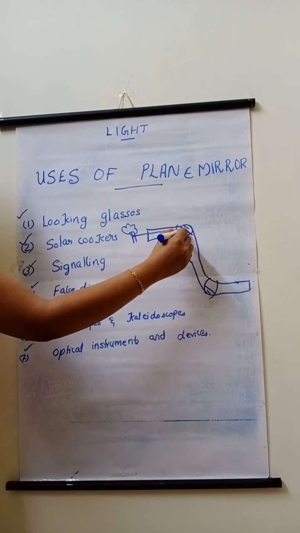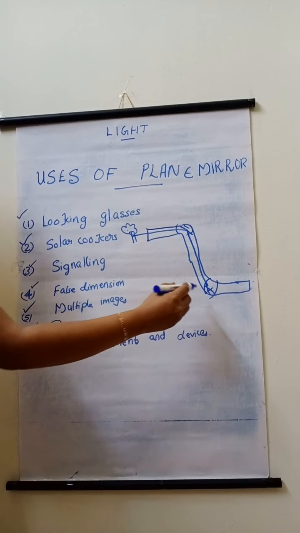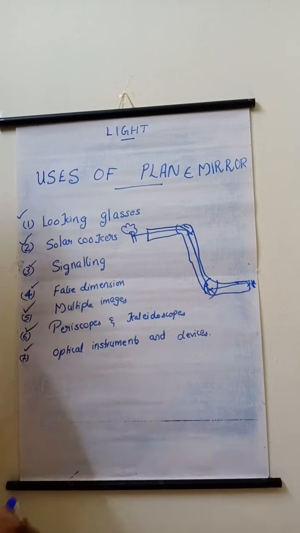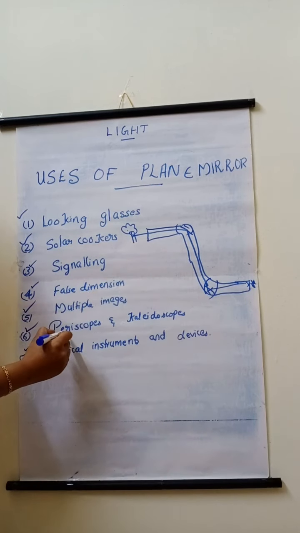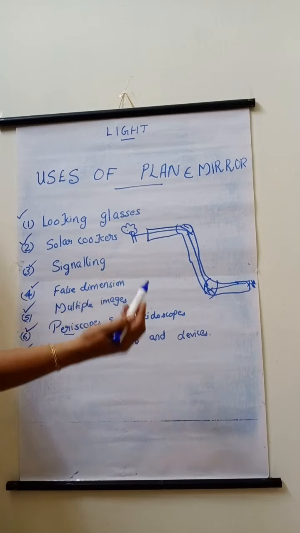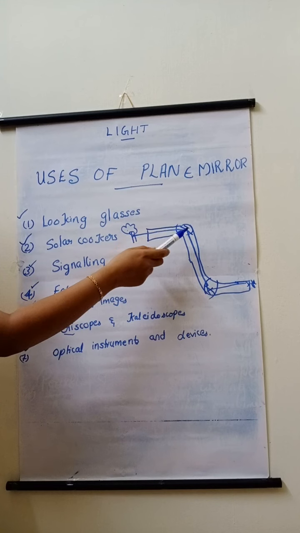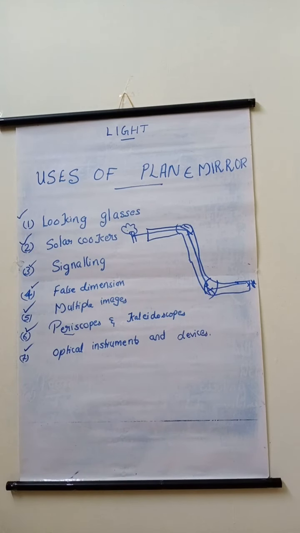From this mirror it will be reflected to this mirror, and from this mirror it will be reflected to your eyes. So you will be able to see far apart things through this periscope. You can make it using a PVC pipe. You have to fix two mirrors at angles, so you'll be able to see the object.